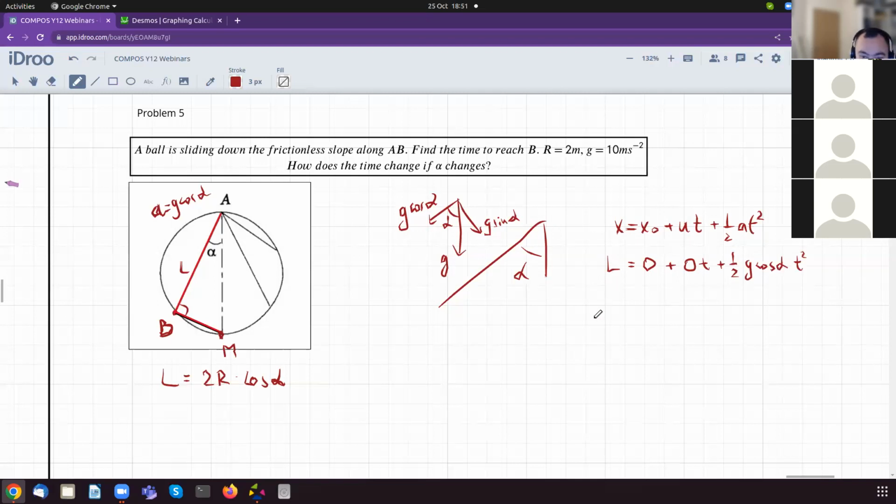And L, we've established, is double the radius of the hula hoop times cos alpha, equals a half g cos alpha t squared. Cos alpha cancels, 2r becomes 4r divided by g, that's equal to t squared. So the time is equal to 2 square root of r divided by g.